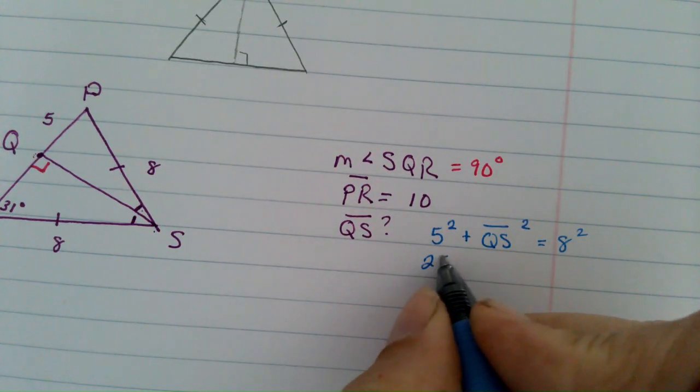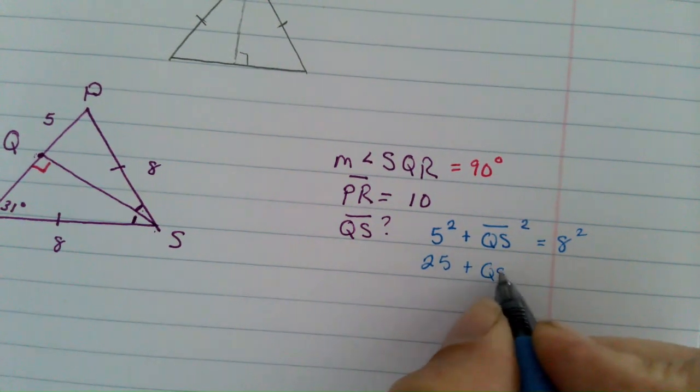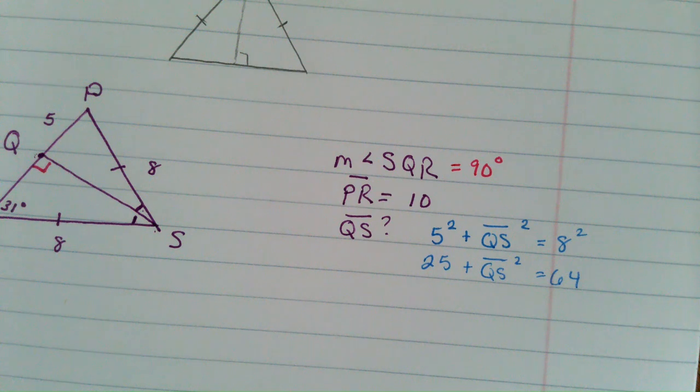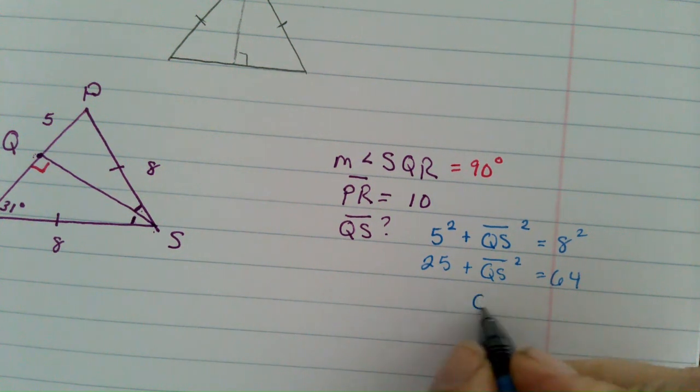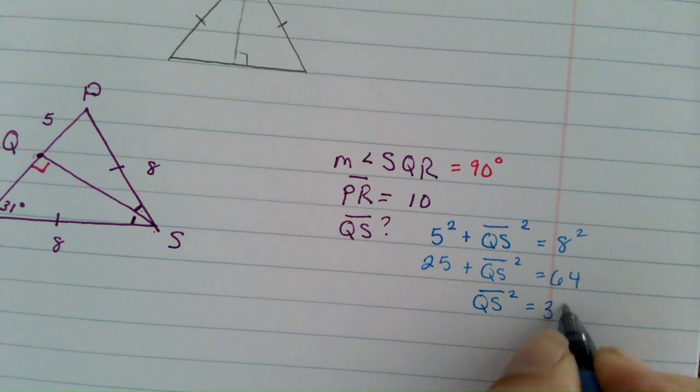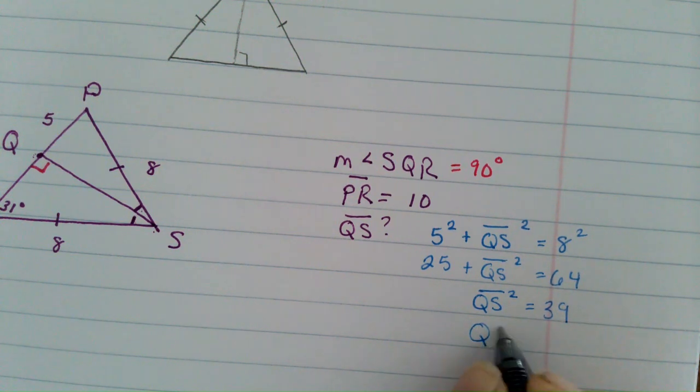So this is 25 and 64, right? Making sure my brain wasn't messed up, that it really was 39. So QS would be the square root of 39.